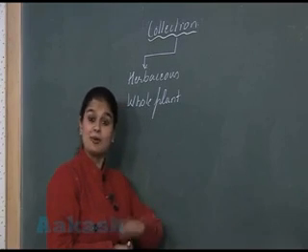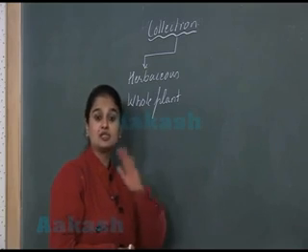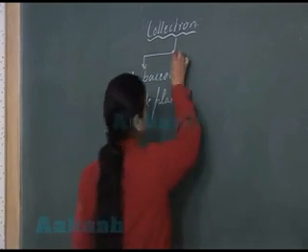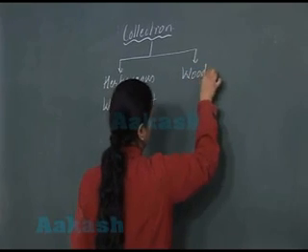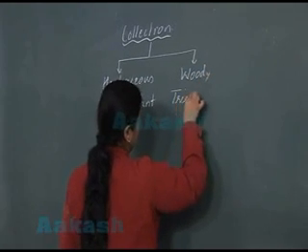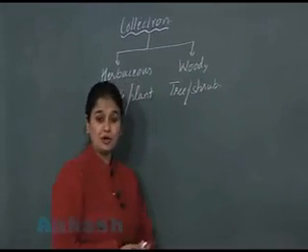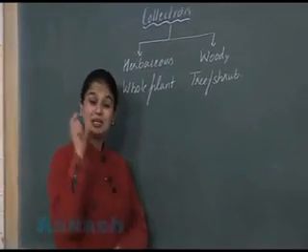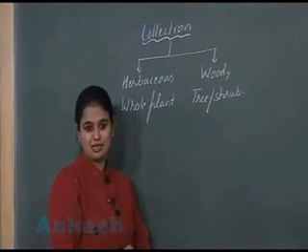The plant which we have to collect, if it is woody, it is a tree or shrub. If it is a woody plant, tree or shrub, in this case only part of the plant is utilized, a twig of the plant is utilized.